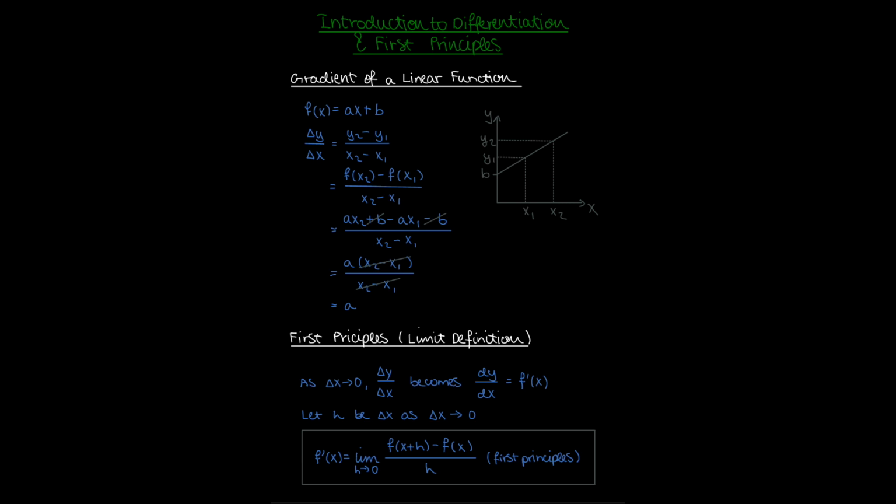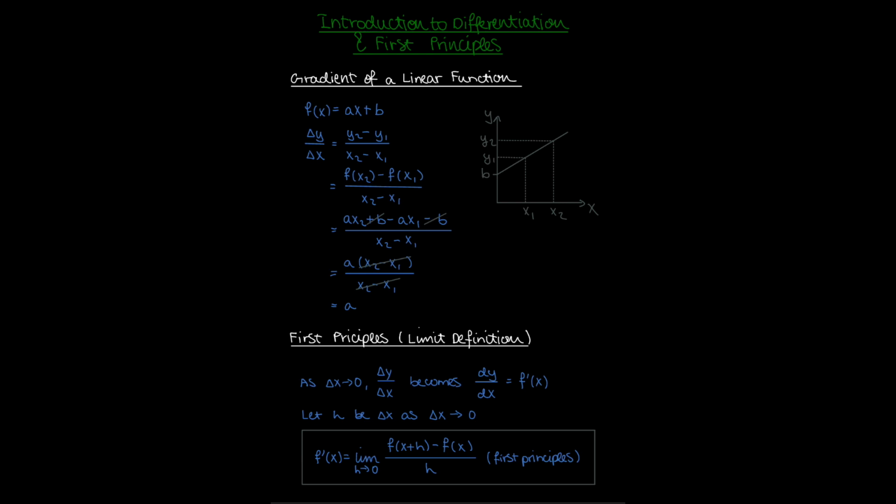And we can rewrite this as f of x2 minus f of x1 divided by x2 minus x1, because y is just the function. Now plugging in x2 inside the function gives us a times x2 plus b minus a times x1 minus b, because we have a minus in front of the brackets, so the plus turns into a minus.